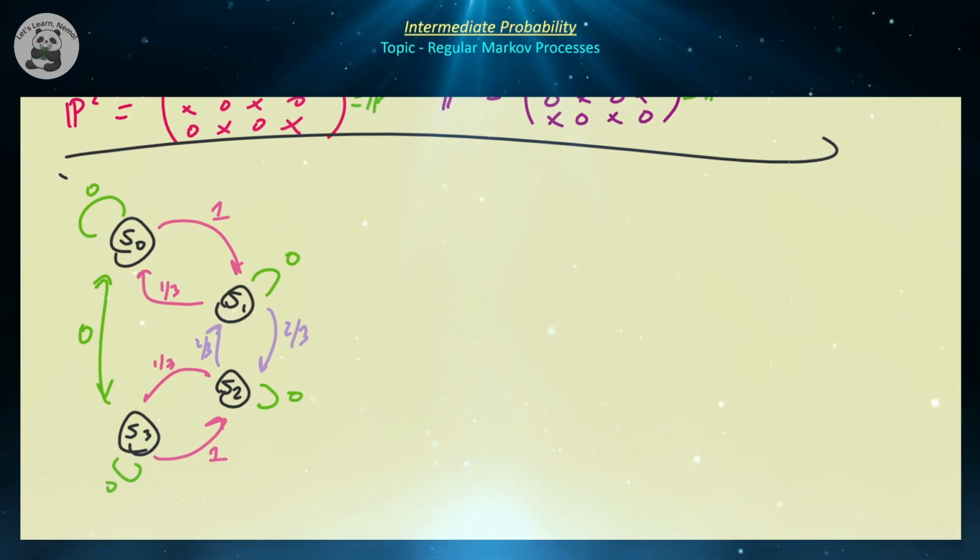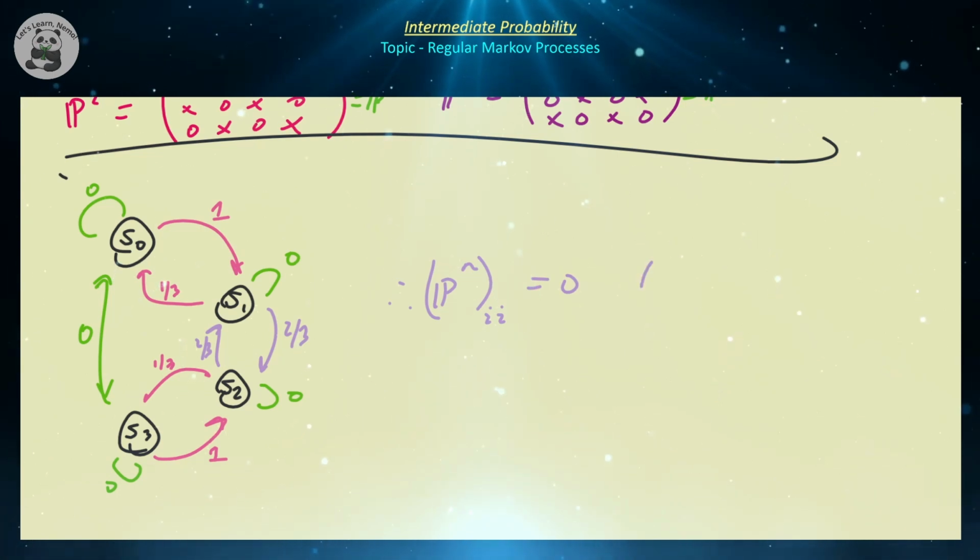If we exponentiate this enough times, you should be able to see that we're always going to have zeros in those cross-sectional regions. That is, if we have p to the power of n and look at the ith element, then we're always going to be equal to 0 provided that n is odd. And then you could develop a similar thing for the off-diagonal entries.